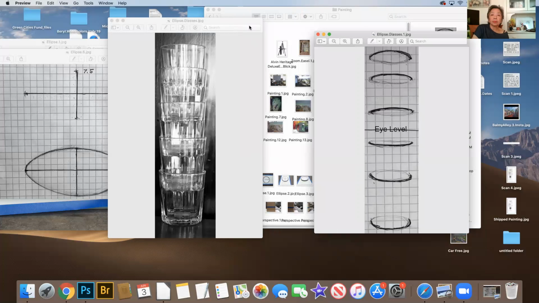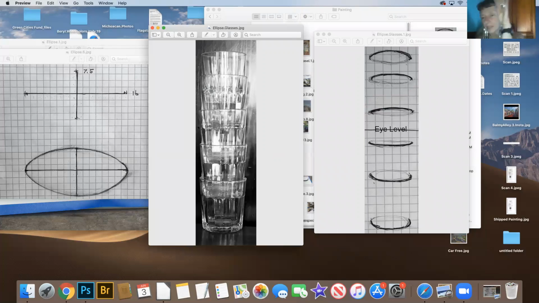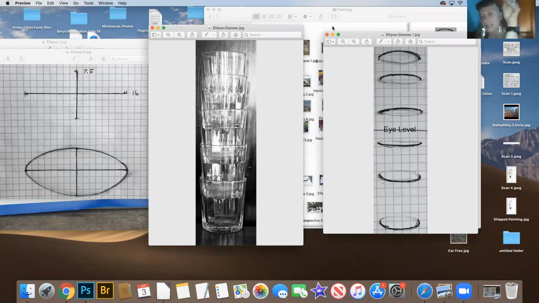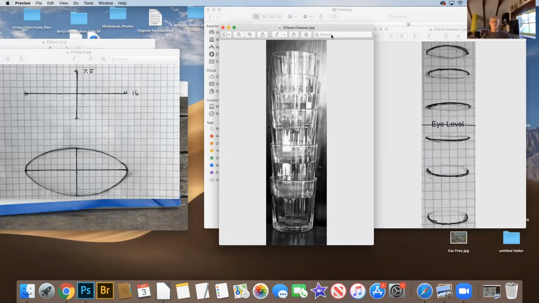Any questions? I have one question. I sketch a lot, like street scenes and car tires. Are those no longer ellipses? I can never get them right. Well, the rim is certainly an ellipse unless you're looking at it straight on. If you're looking at any angle, it's an ellipse. You've got to realize what angle you are looking at it.